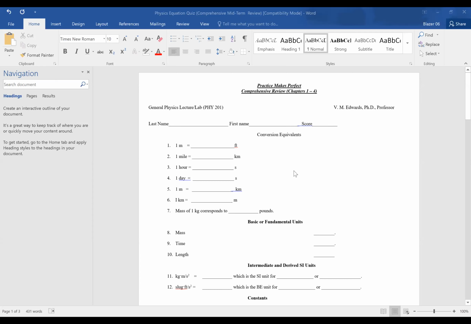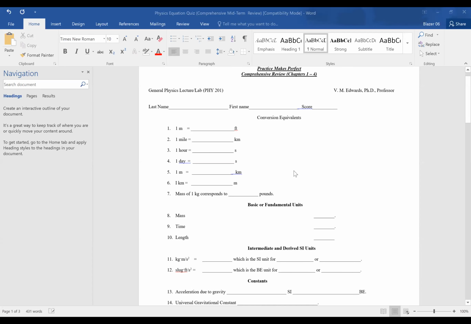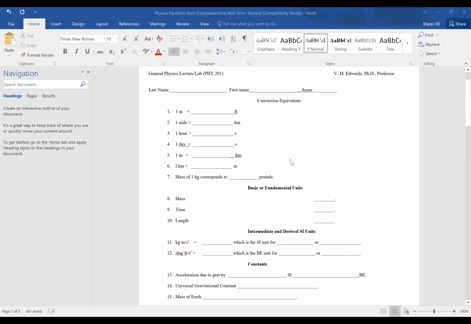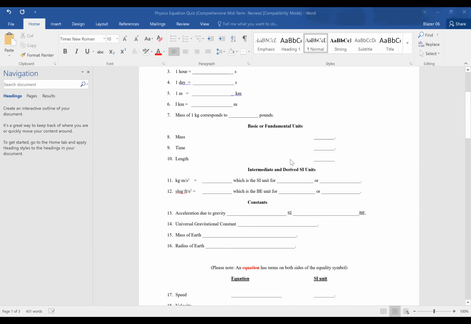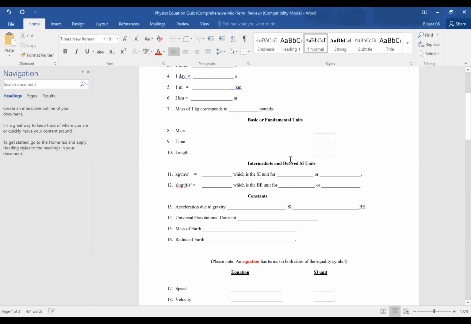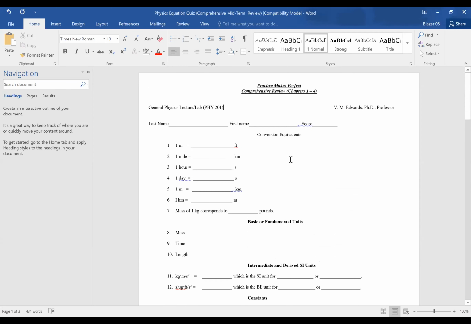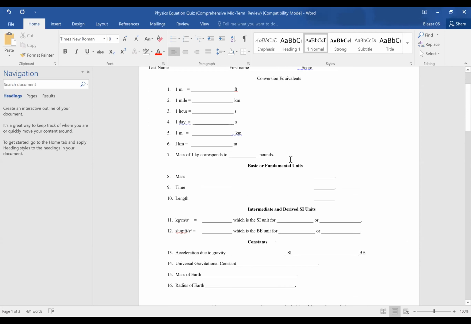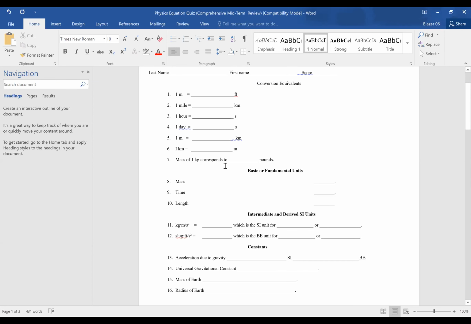So I tried to arrange everything that you will need that we've learned so far, what we're learning now, in one file called the comprehensive review. If you notice here, I have the conversions that you'll need to be able to use. And we'll fill out some of this now that I haven't gone over.